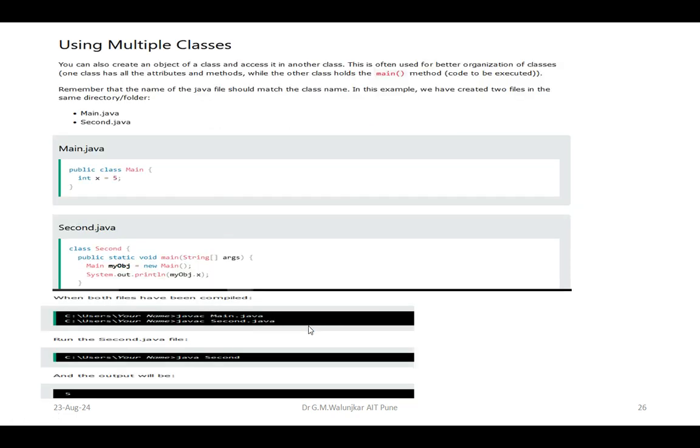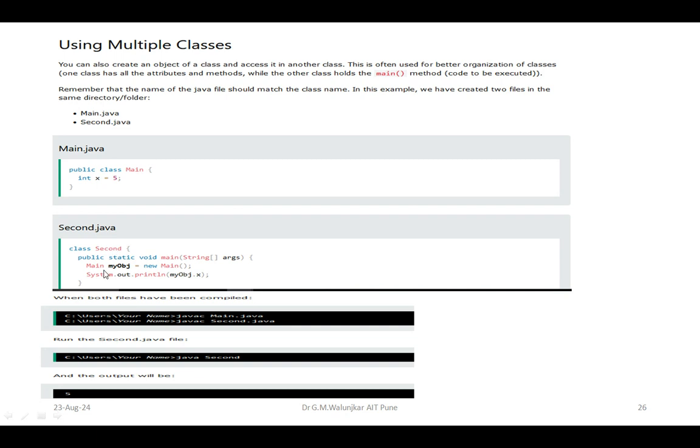So you can use multiple classes in Java, right? This is Main.java, so public class Main. This is one class. This is a second .java class, where class Second is the name of the class. Inside the Second class, we are specifying the main method from which the execution of your program will start.